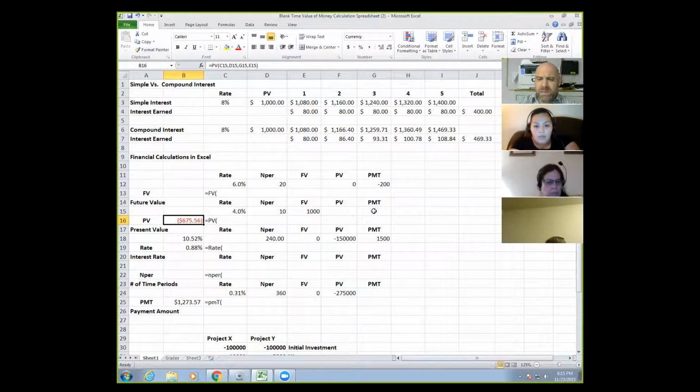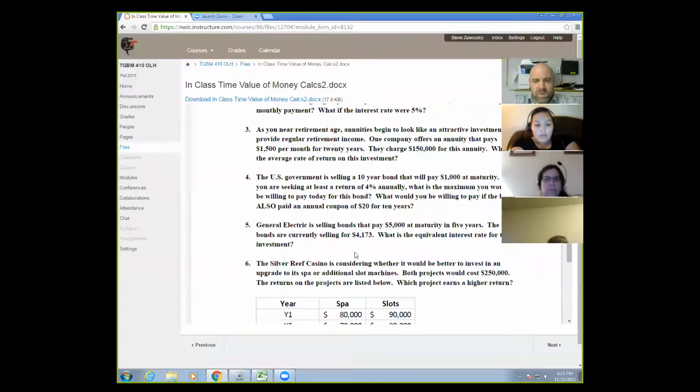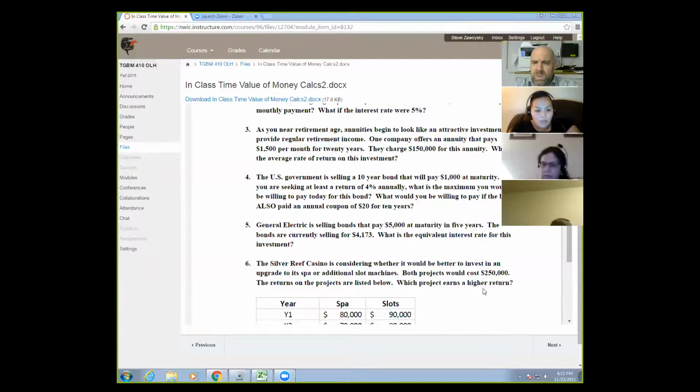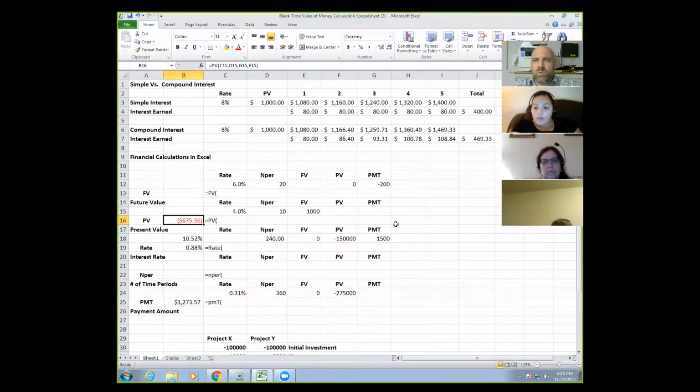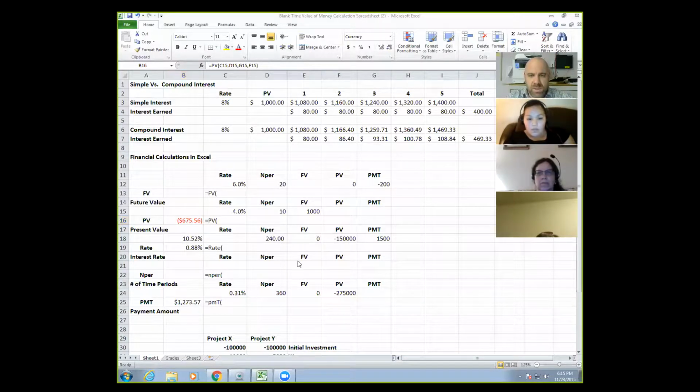The second part of that question, just because someone sent me a question about this, says: what would you be willing to pay if the bond also paid an annual coupon of $20 for 10 years? An annual coupon is just an amount of money that you get paid in addition to the $1,000 at the end of 10 years. And that $20 would go here in the payment. So you would put 20 in there.